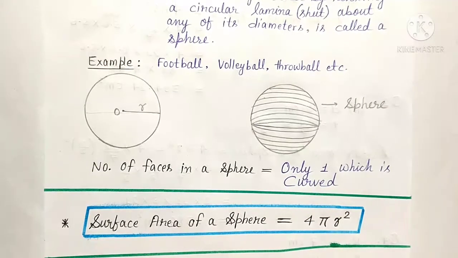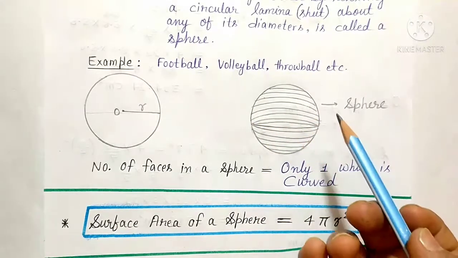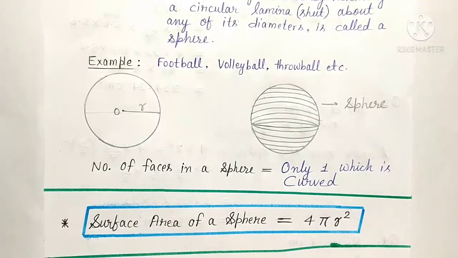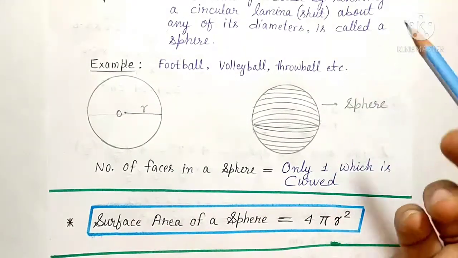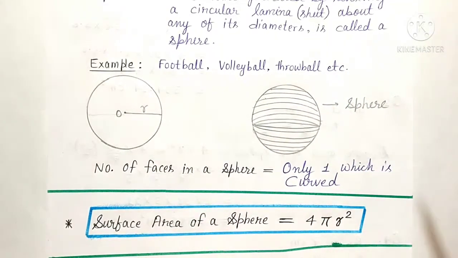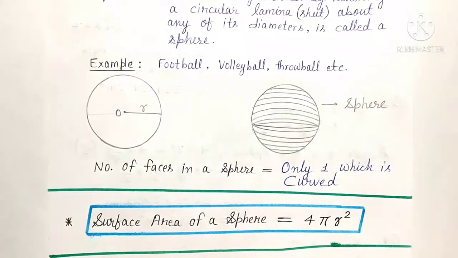Because here we are talking about only one term, that is curved. As you can see, it is curved only. There are no other faces. That's why we have to find only CSA. So remember this: when we're talking about a sphere, there is no type of TSA or CSA. There is just one type, that is surface area, because it is curved only.